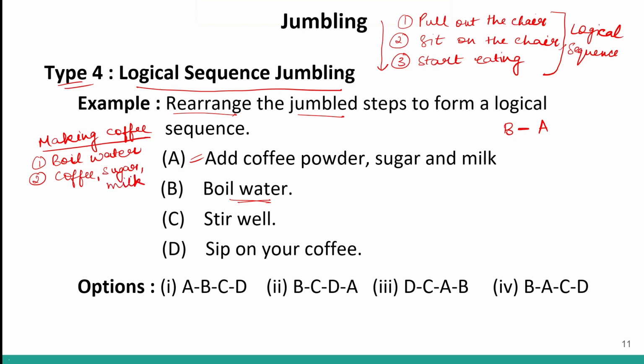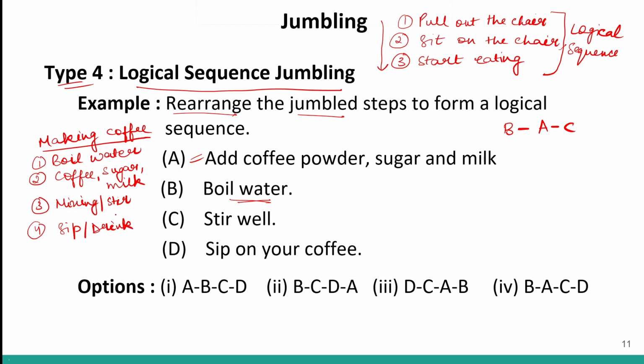Now, can we drink it directly like this? Will it taste good? No. Until and unless we mix everything together and we just stir everything together, how can we get a good product, right? So the third step will be mixing it or to stir it, and that is given in option number C. Now that my coffee is ready, only then I can sip it or I can drink it.